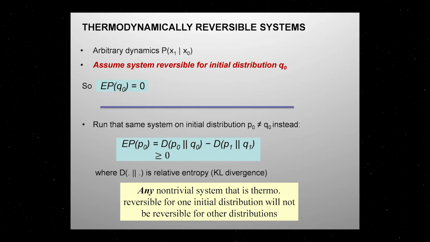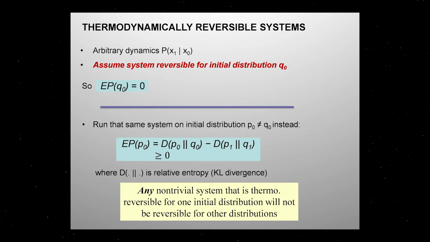But here's something that's a little bit discomforting. Let's take that same system, so it's a thermodynamically reversible system, but run it on a different initial distribution of states. One thing that's not normally emphasized is that thermodynamic reversibility is actually always with respect to an initial distribution.